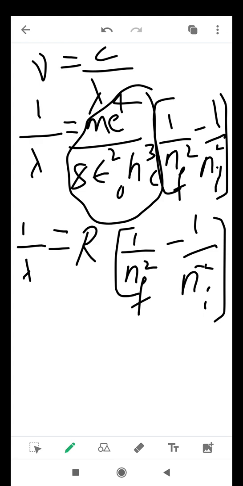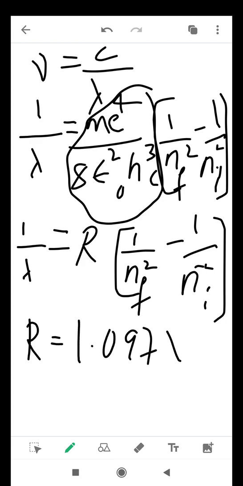I mentioned in my last video the value of Rydberg constant is 1.097 into 10 raised to 7 per meter. So this is the expression for the wavelength of the spectral series. R is the Rydberg constant, lambda is the wavelength of the spectral line emitted.